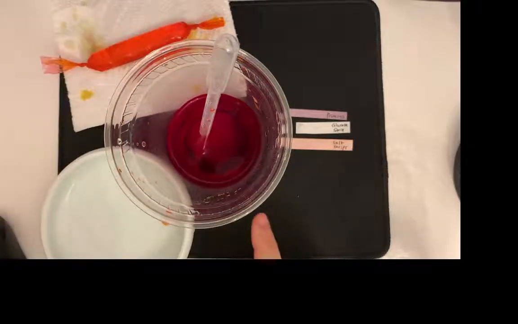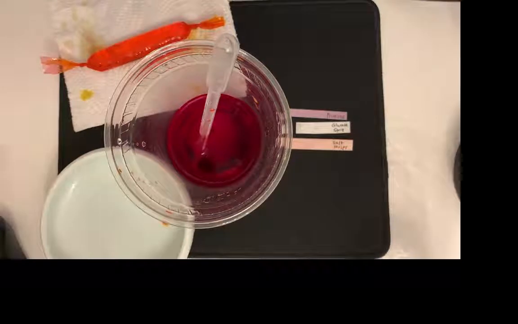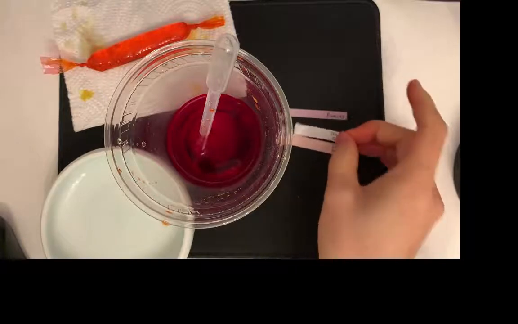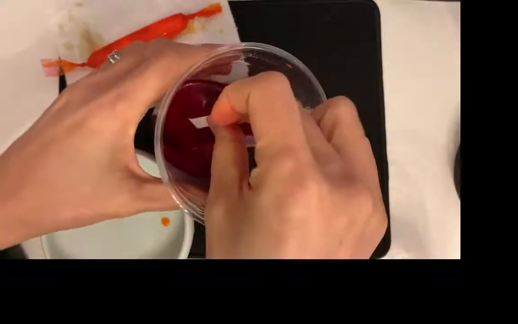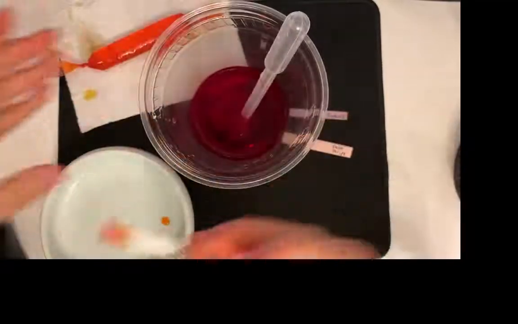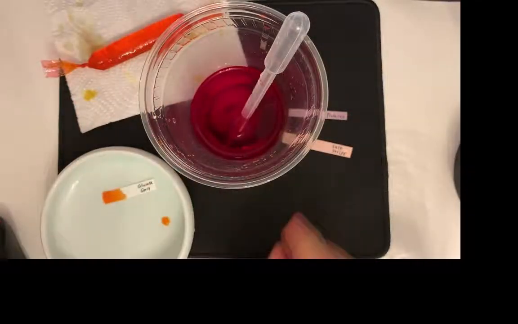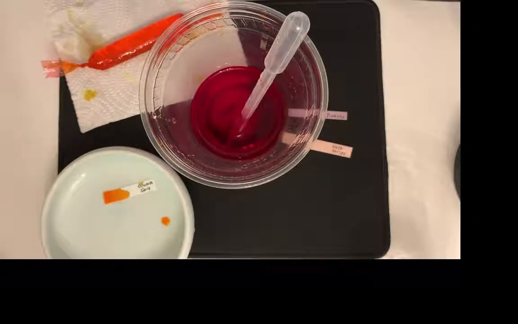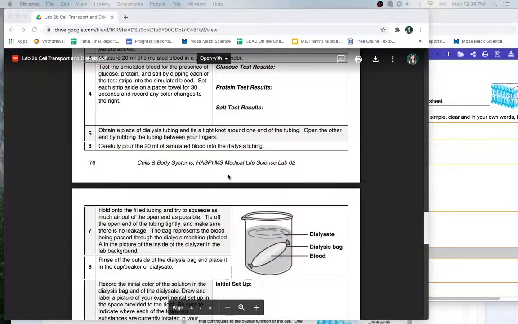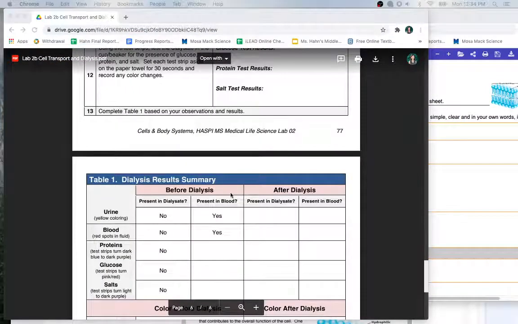Before we move on, we do need to test the blood to see if it has any protein, glucose, or salt. Let's do glucose first because that was first on the data sheet. Let's see what our results are supposed to look like. If we look back on our lab, if there's glucose, then the test strip will turn pink.